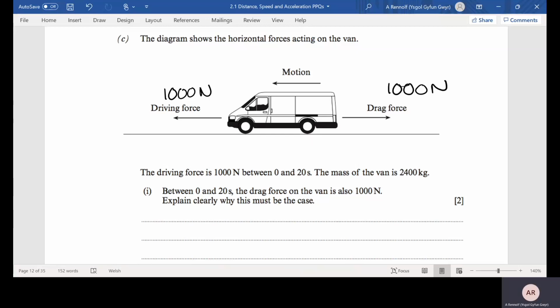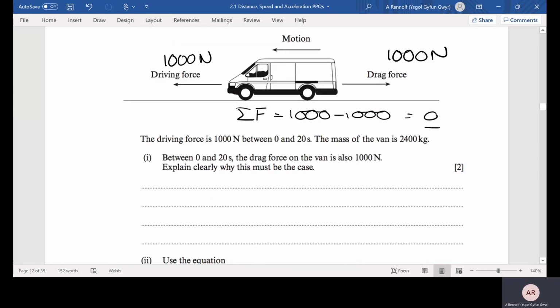So Newton's first law tells us that a body will remain in a state of uniform motion, or in other words, a body will either remain at rest or it will keep traveling at a constant speed unless there's an external resultant force acting on it. So let's check, is there a resultant force acting on it? Sigma F here is 1,000 minus 1,000, which is 0. So no, there's no resultant force, which means the object is going to remain traveling at a constant speed.